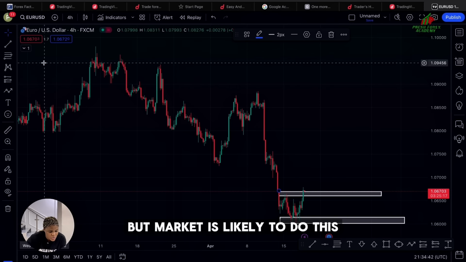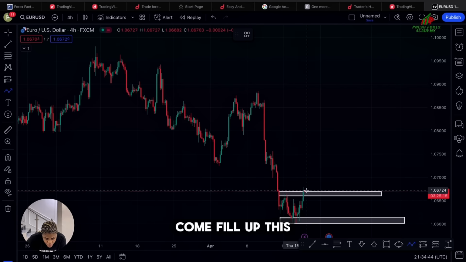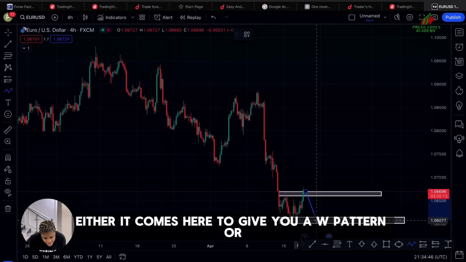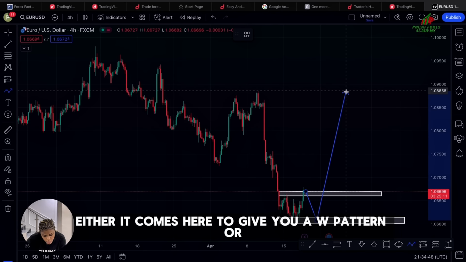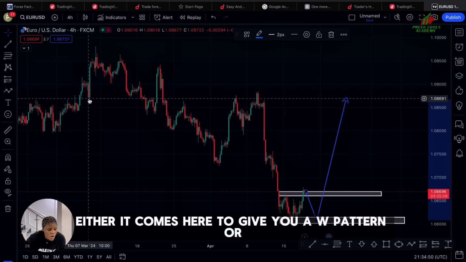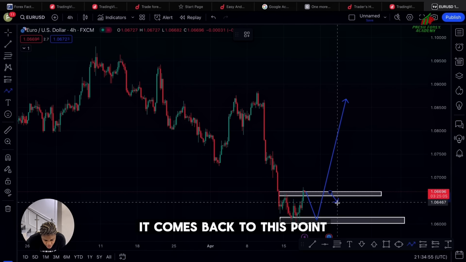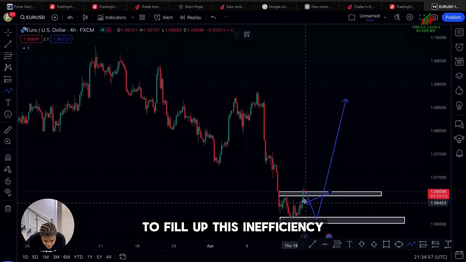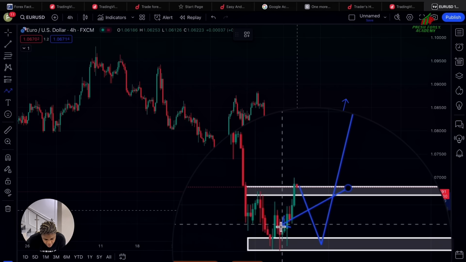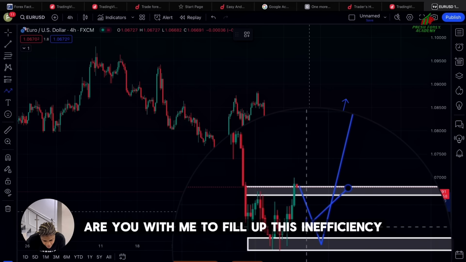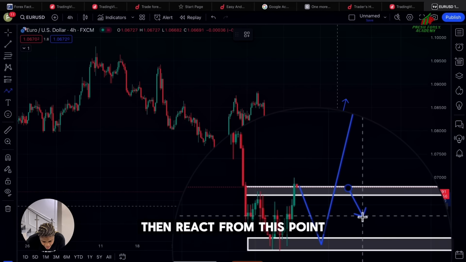But the market is likely to do this. Come fill up this. Either it comes here to give you a W pattern, or it comes back to this point to fill up this inefficiency. Are you with me? To fill up this inefficiency, then react from this point.